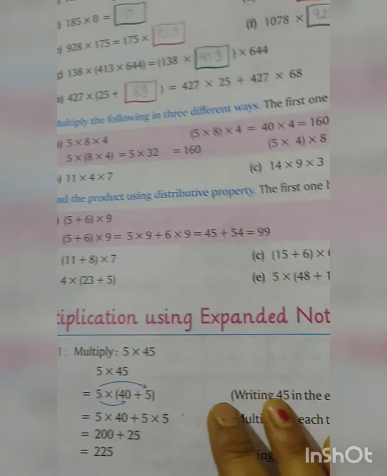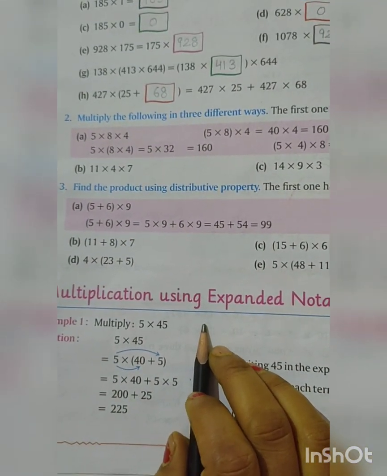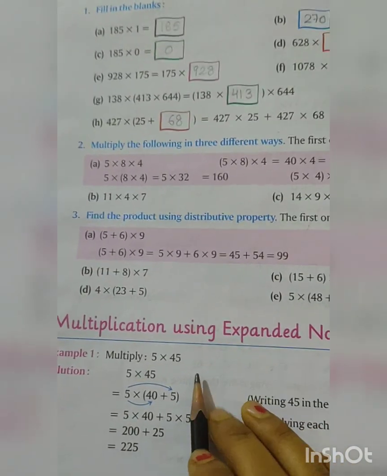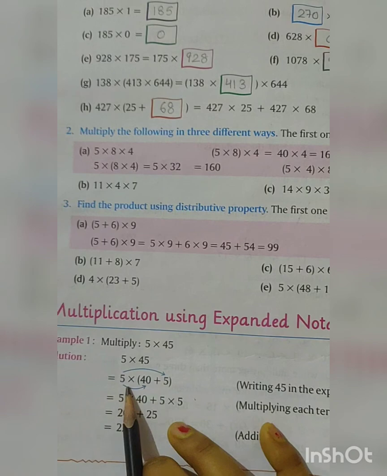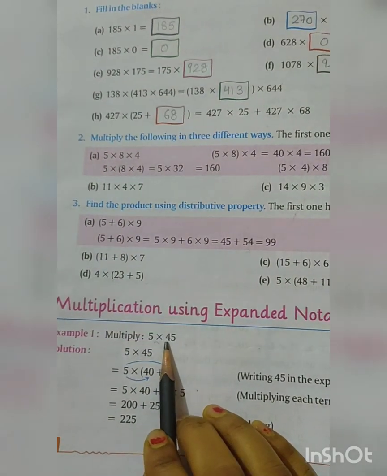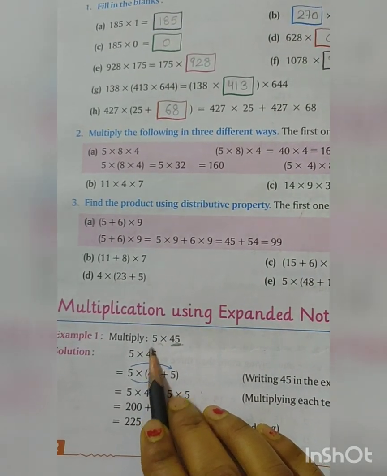Now the next thing is multiplication using expanded notation. Multiplication using expanded notation and the distributive property are very similar. See, we have 5 multiplied by 45, so we have to split the number 45, as 5 is a single number.